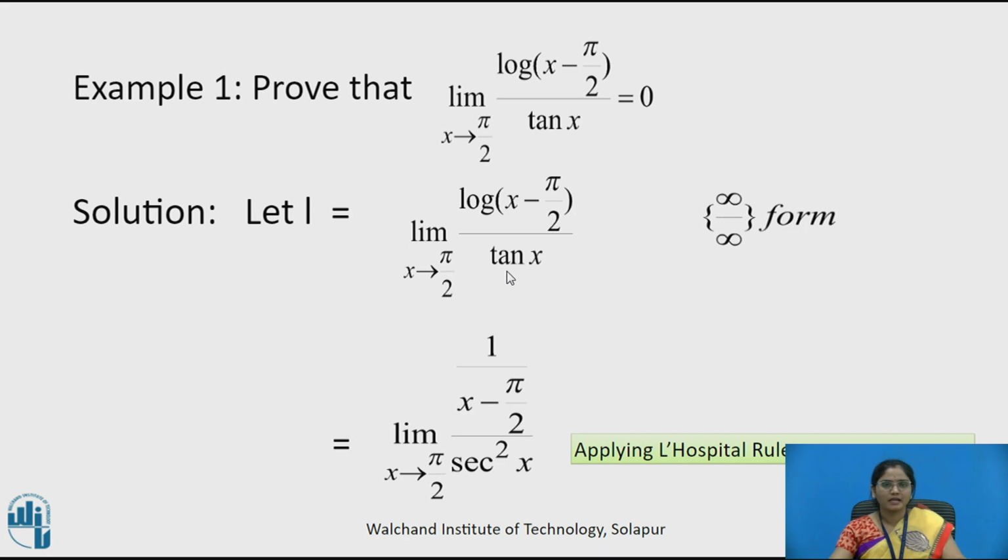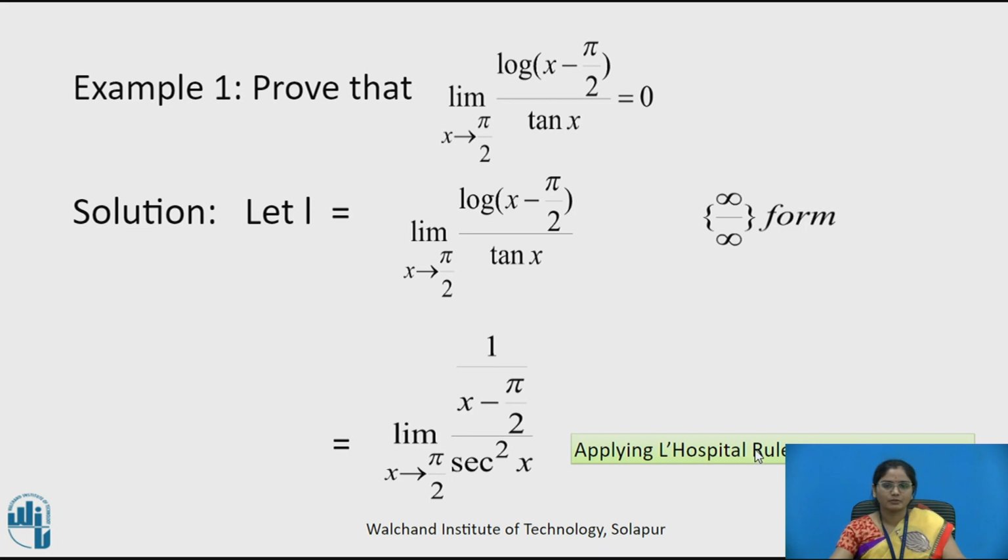Denominator, tan pi by 2. Tan pi by 2 is again infinity. Hence, you are getting infinity by infinity form, which is an indeterminate form. And we know that to evaluate the limits of indeterminate forms, we apply the L'Hospital rule.